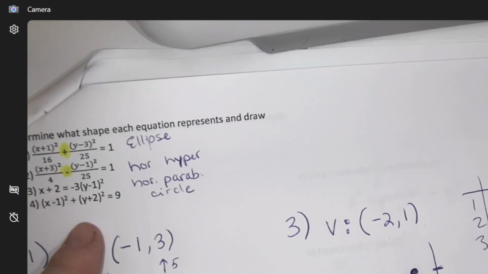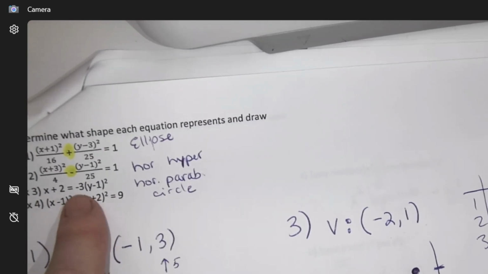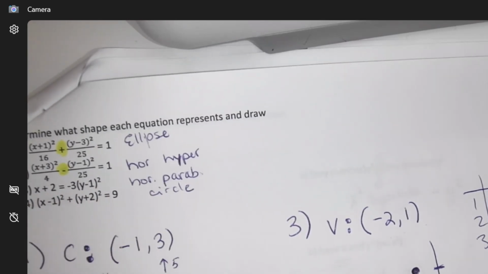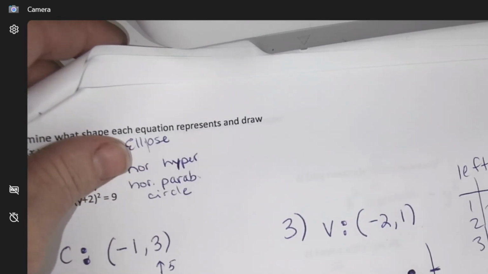Does anybody know which direction I'm going to go? Because this is a horizontal parabola with a negative slope, I'm going to be going left. So, you know what I do? I actually just turn my paper sideways. And I just go 1, 3, 1, 3.